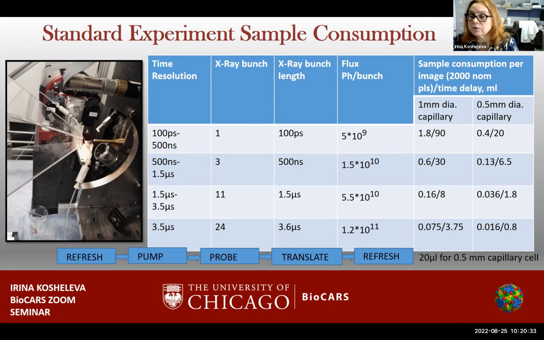Right now, we can work mostly only with sample environments and samples which are reversible, because if the sample is reversible, the sample quantity is significantly reduced. I think the minimal quantity which we used at our beamline was about 300 microliters to collect data in a standard typical pump probe experiment.